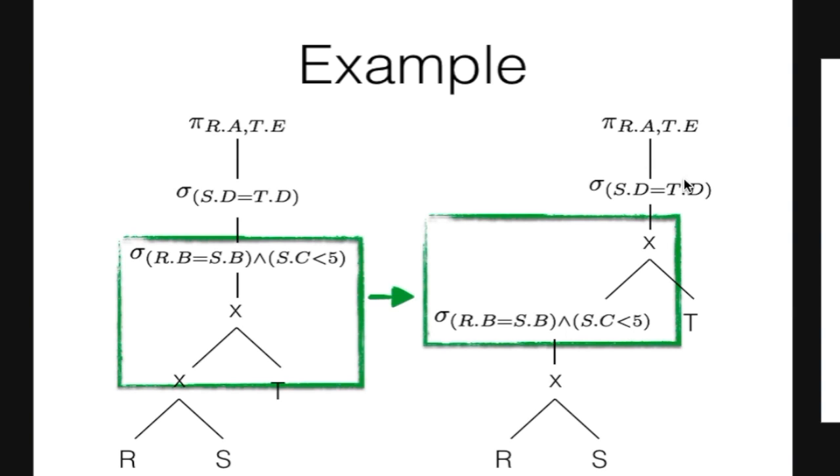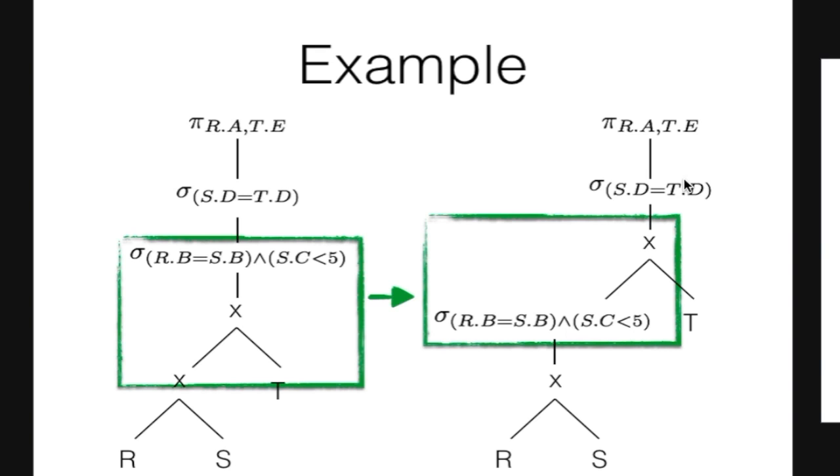So far, everything we've done is simple transformations that we've proven to ourselves don't actually change the meaning of the query. We can do exactly the same thing all over again once we're down here.